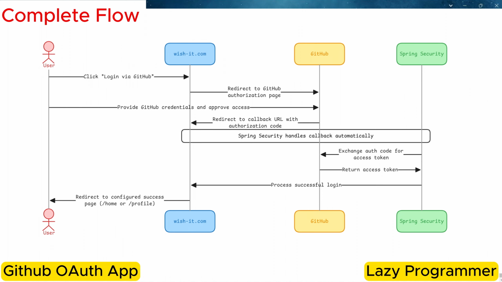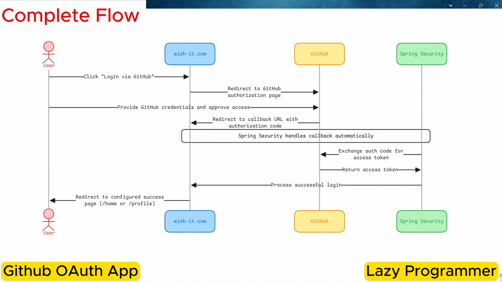After successful login, GitHub redirects us to the callback URL which is configured by Wishit.com's application with the authorization code. The callback endpoint is not explicitly defined in our controllers. Instead, Spring Security automatically handles it. Spring Security listens to the incoming request at /login/OAuth2/code/GitHub and processes the authorization code.